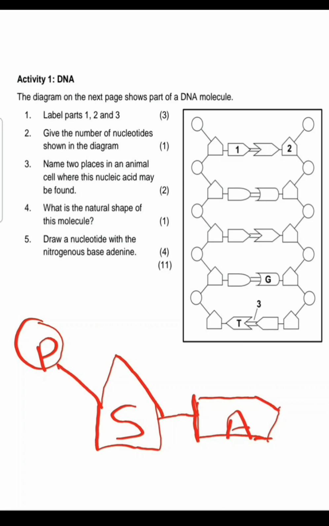My drawing is looking not so good because I'm using a drawing pen here, but you guys can use a pencil and draw a nice one. So simply this is a phosphate, this is a sugar molecule, and with adenine, if it's adenine you draw this, if it is thymine you draw this, if it is cytosine with the C you can draw this, then with the guanine you can draw this.